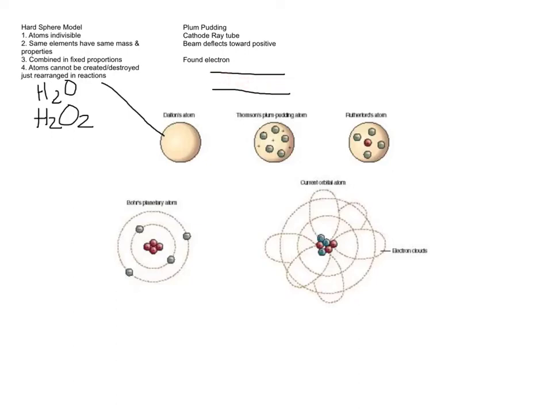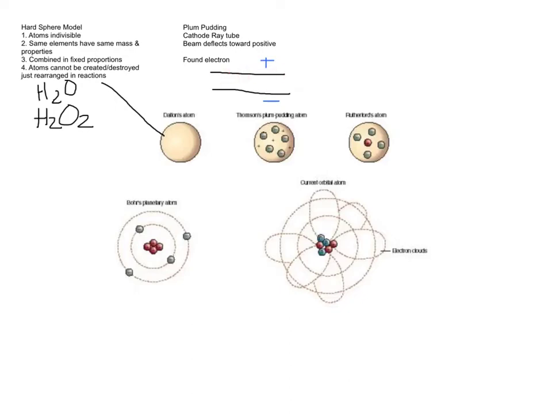But then what J.J. Thomson goes on to do is he adds an electric field. So when he adds these charged fields, a positive field and a negative, he notices that his beam that originally was going straight through the cathode ray tube is always going towards the positive.